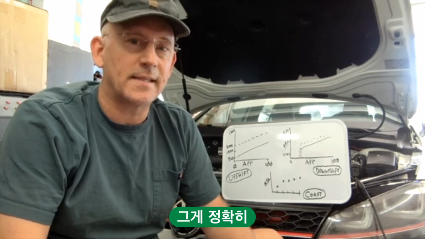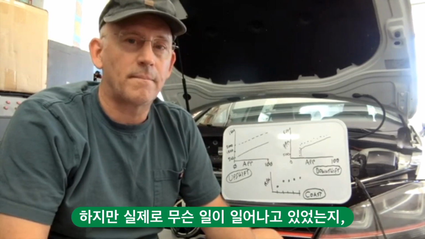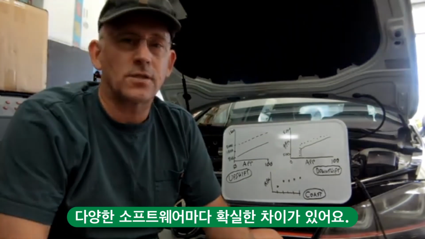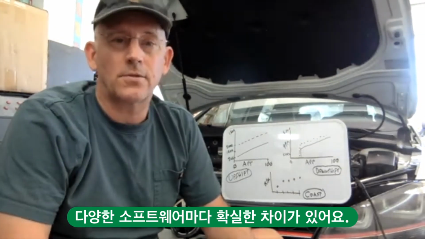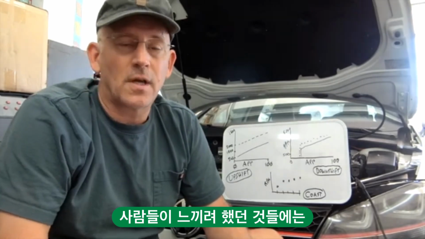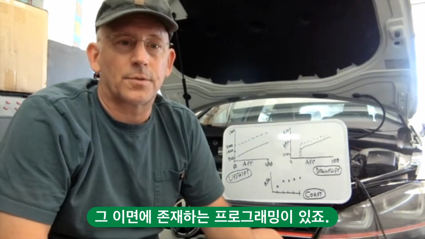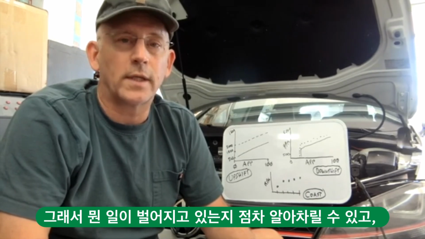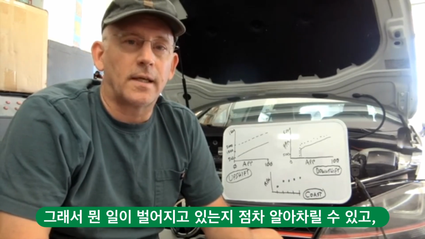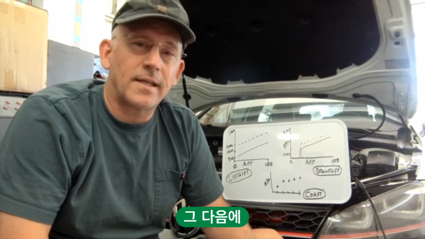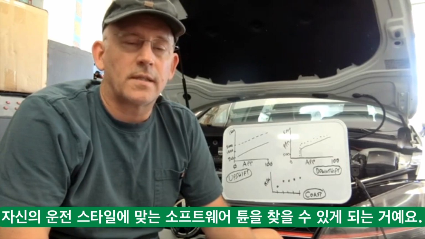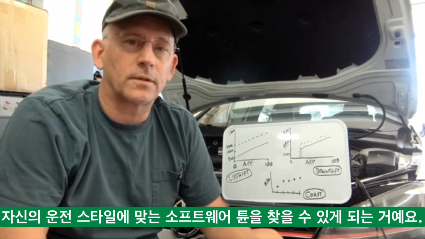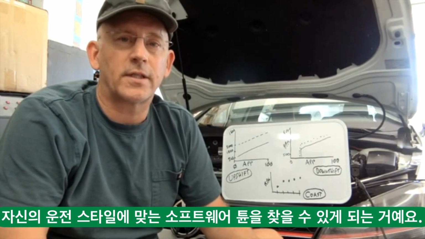I had an idea of what they were talking about, but really what was happening, and there are definite distinctions in how different software packages do that, which is what people were trying to capture, but there's programming that's behind that, and you can start to pick out what exactly is happening, and then identify a software tune that is compatible or supports the type of driving that you'd like to do.